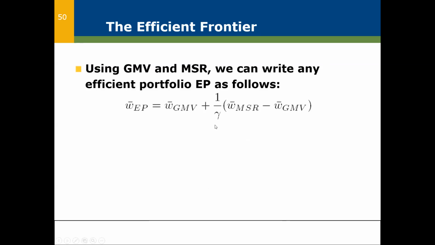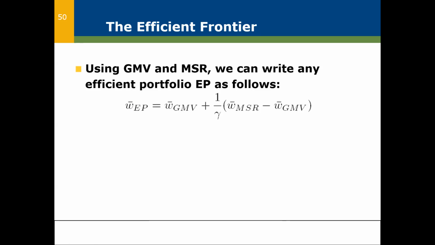So you can think of this as some kind of risk aversion parameter, but you can imagine if this quantity is one, so if gamma is one, then I'm at the minimum variance portfolio. So gamma is one would be being most risk averse. And then you can imagine if gamma goes to infinity.